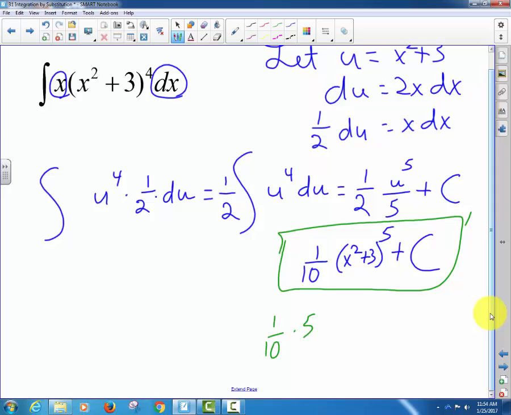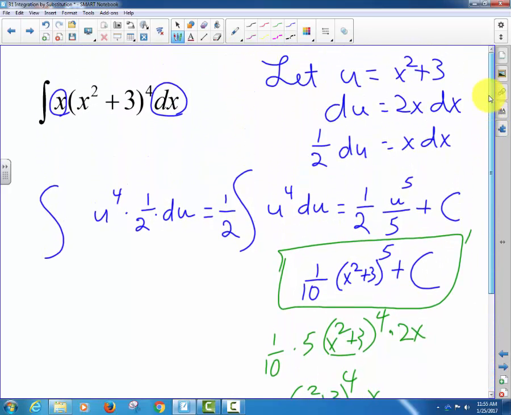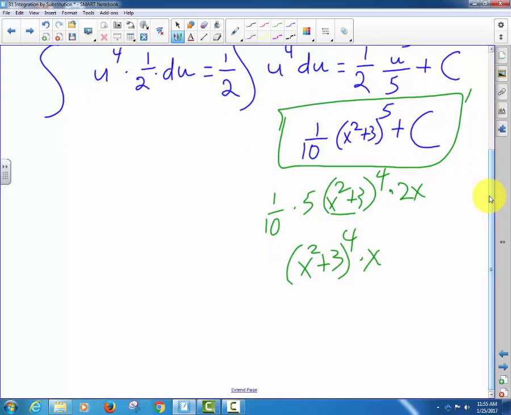I'm going to bring down the 5. x squared plus 3 to the fourth power times the derivative of x squared plus 3, which is 2x. Well, I've got a 2 times a 5, which is 10 on the top and a 10 in the bottom, so they'll cancel out. I get x squared plus 3 to the fourth times x. Lo and behold, that's what we started with. So this in the green box is the antiderivative for that.